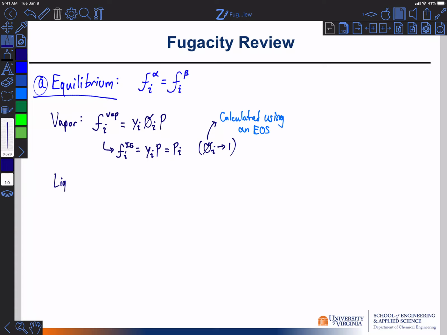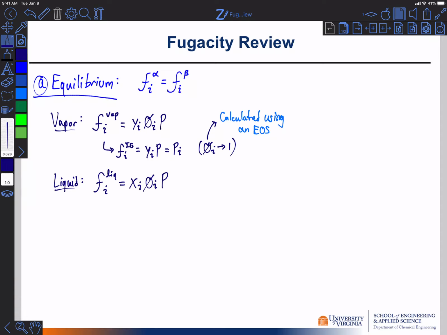Now, if we look to the liquid side of things, which is what we've also thought about, though we're going to consider solids as well at some point, things get a little bit more complicated. We have a couple different things that we can do. Remember that we can still use a fugacity coefficient for the fugacity of component i in the liquid phase, so we always have this option available to us.